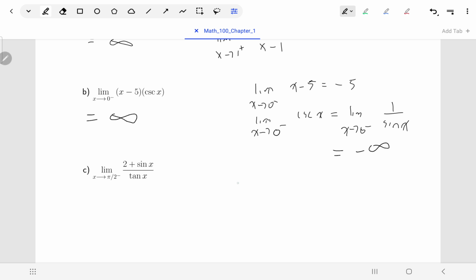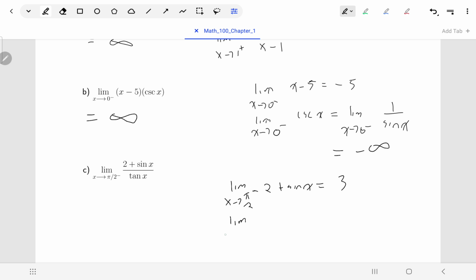So the numerator looks like it's going to be something finite because as x is going to pi over 2, sine goes to 1, so 2 plus sine goes to 3. And I know for the denominator, we're going to pi over 2 from the left.